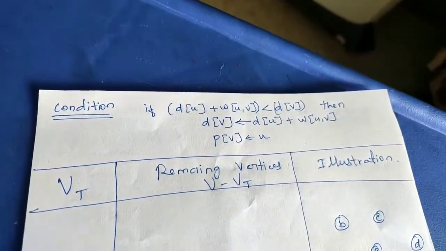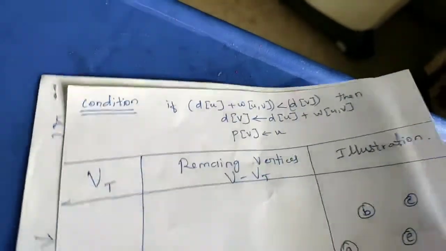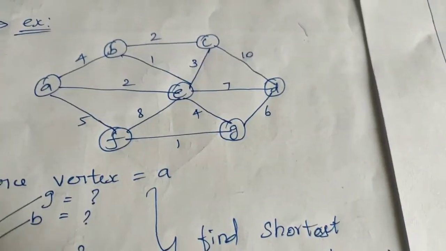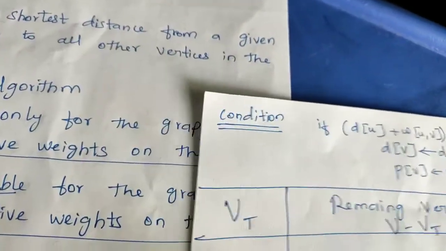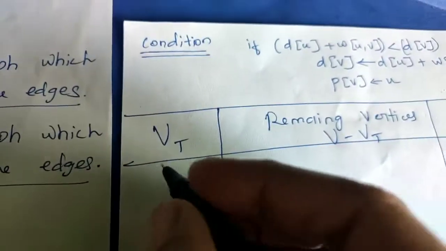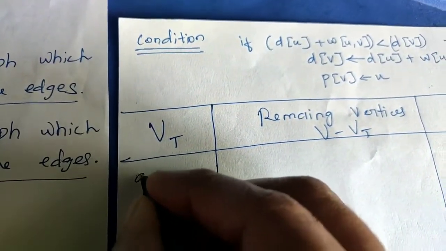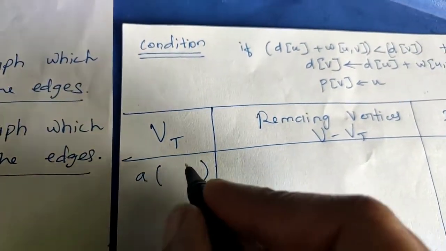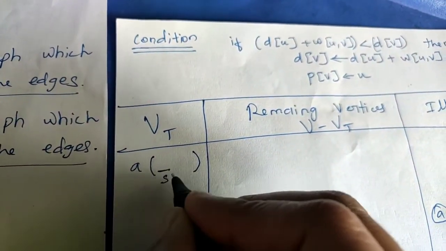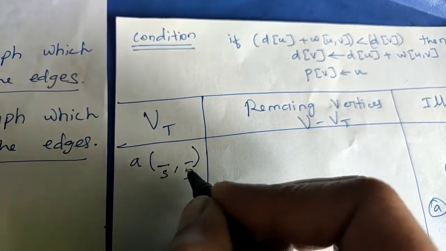Now let us start our process. I have considered the source vertex as A, so I am going to include the source vertex A. Each vertex will have two parameters: one is a source, the other one is a distance.